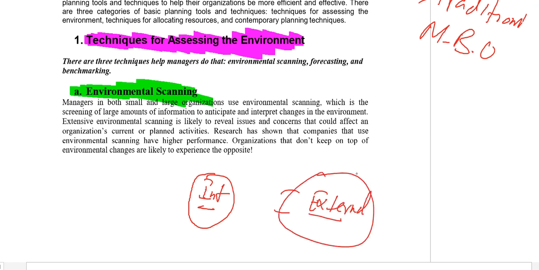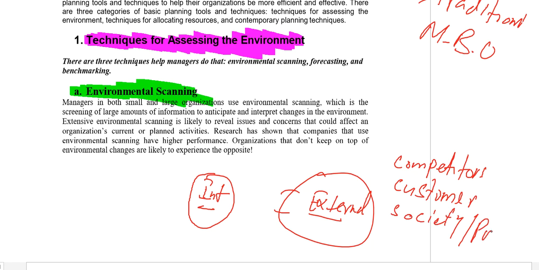When we talk about external environment, specifically we talk about competitors, customers, society or public, economic situation of the country, and political situation of the country or the company, and some other factors like this.